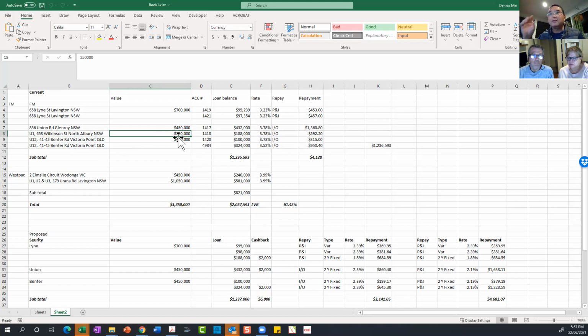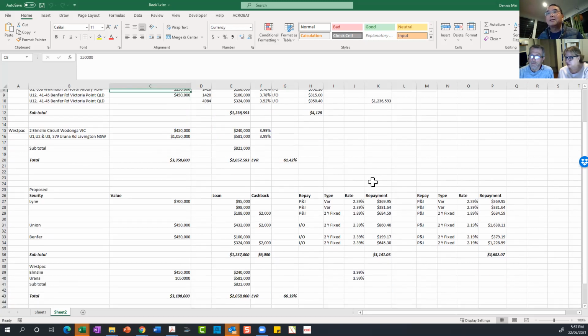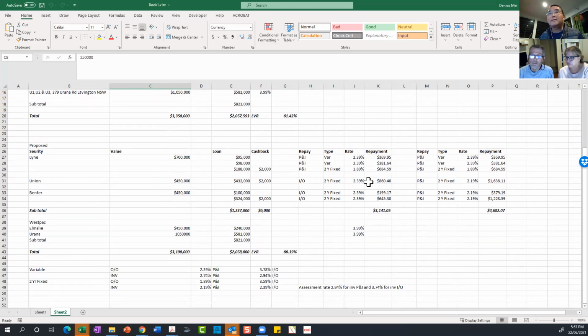After this refinance, you can remove this property from the mortgage, so you can have it unencumbered. That's the proposed equity structure. The first property is your home, around 700,000.